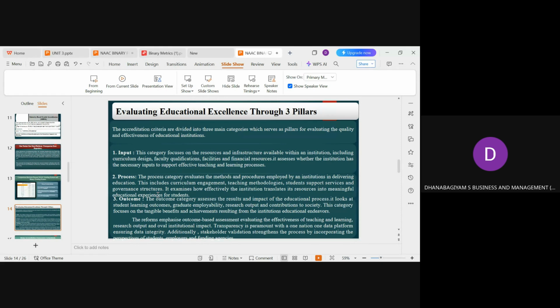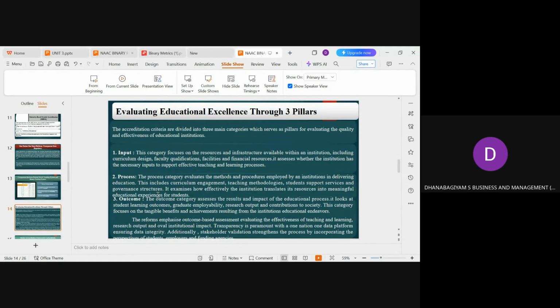Okay, so evaluating educational excellence, we are going to evaluate it through three pillars. Input talks about basically the curriculum design, that is the syllabus, the faculty qualifications and the faculty-student ratio, the infrastructure facilities that the institution or university has, and all the financial resources.